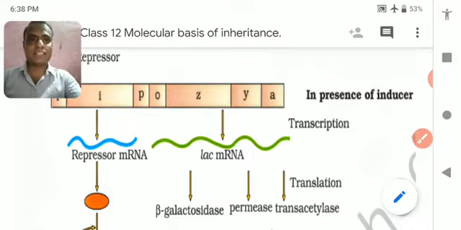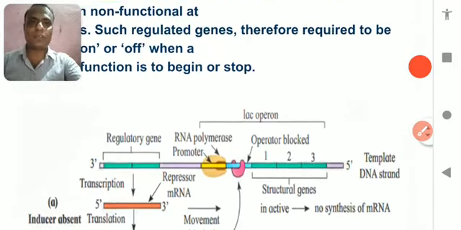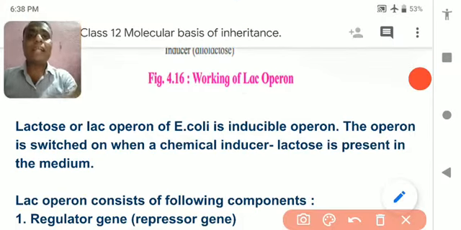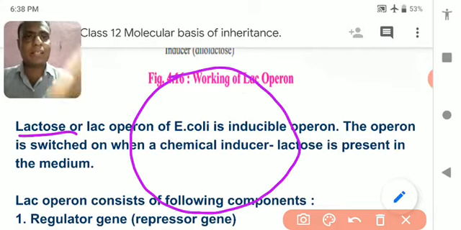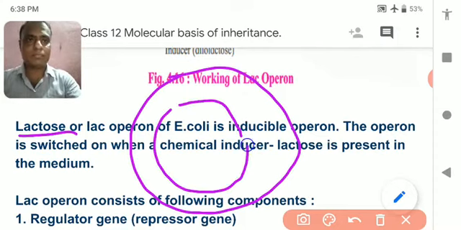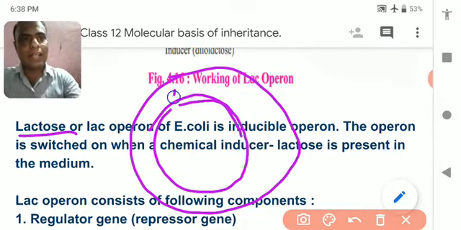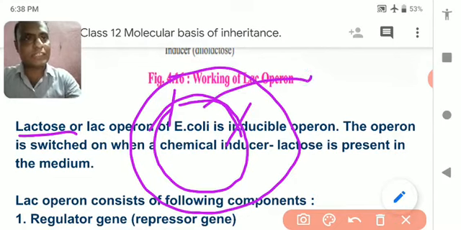Okay, let's study, and you will understand the whole phenomenon very well. Lactose means, suppose it is E. coli bacteria, and inside the E. coli bacteria there is a circular DNA, and it has the part which is called the lac operon.